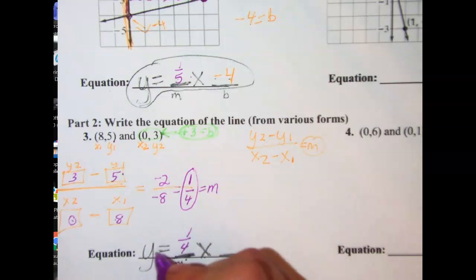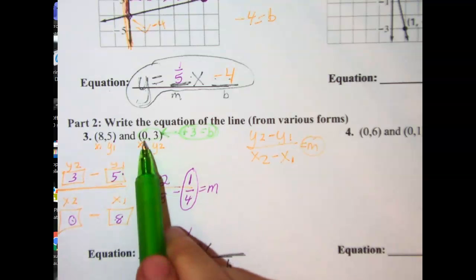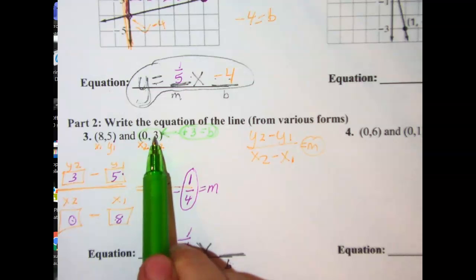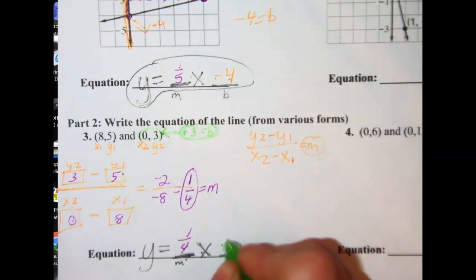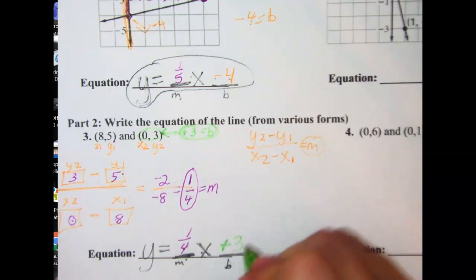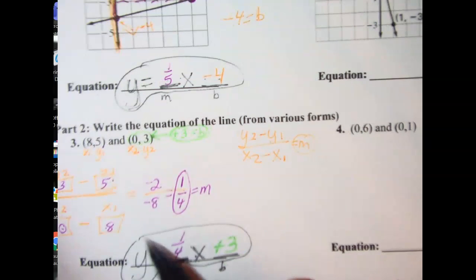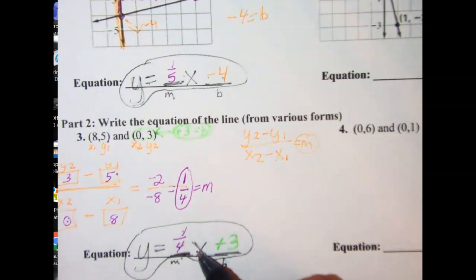So I put that in. y equals 1/4 x. And then my b is a +3. I saw it up here, 0 comma, whatever's next to the 0. So it's a +3. So my final equation is y equals 1/4 x plus 3. I just filled in my m and my b. That's all I had to do.